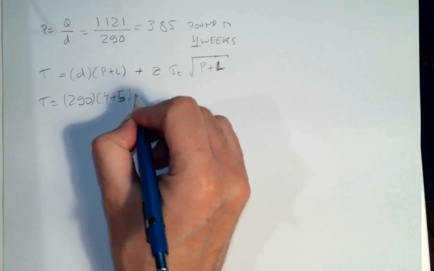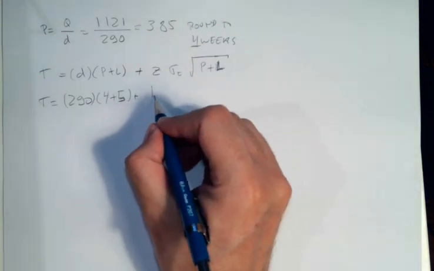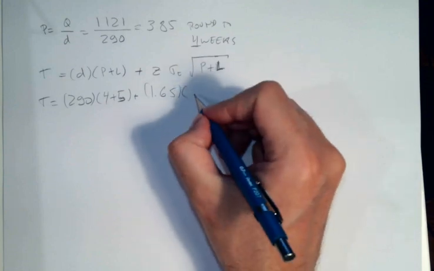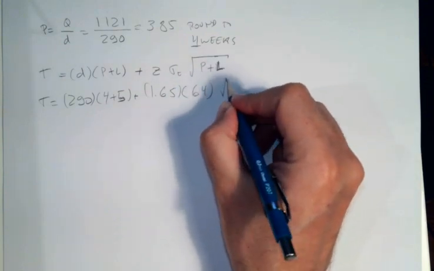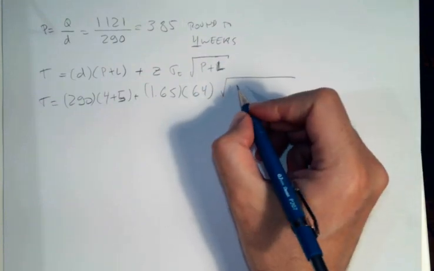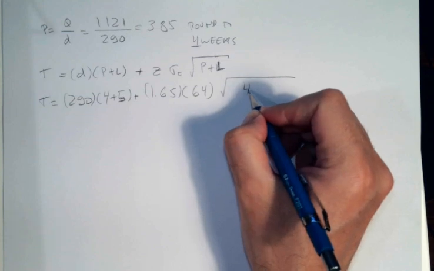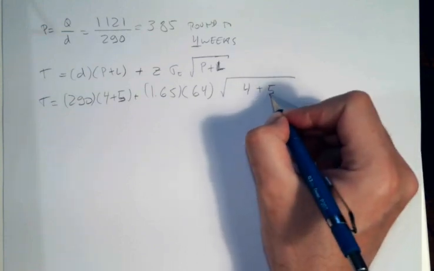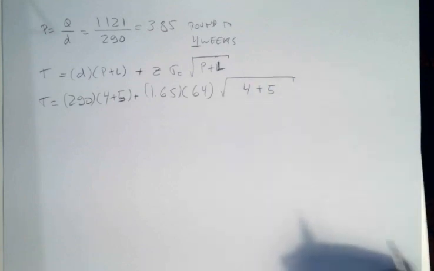And the z-score was 1.65, the same thing we used before. The standard deviation of the lead time was 64, same as the last math. It's going to be 4 plus 5. I'm trying to do my best with my handwriting.